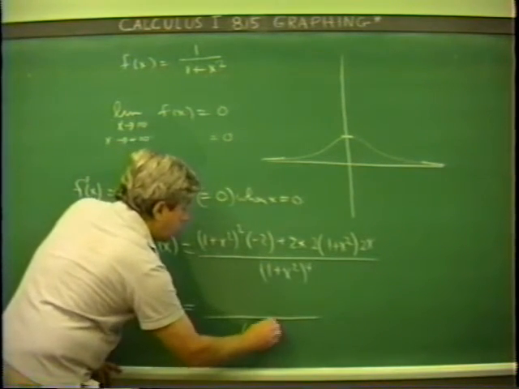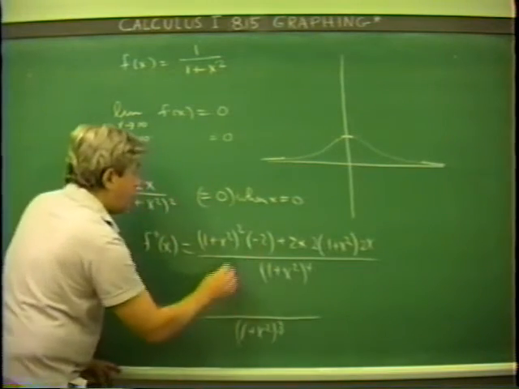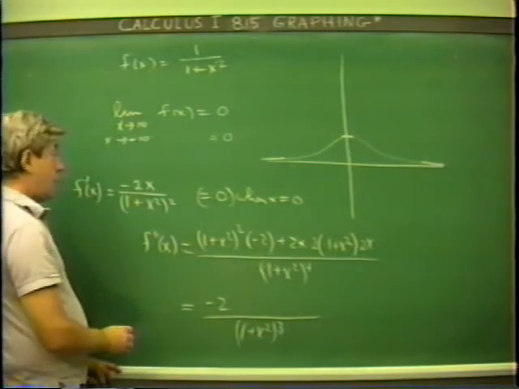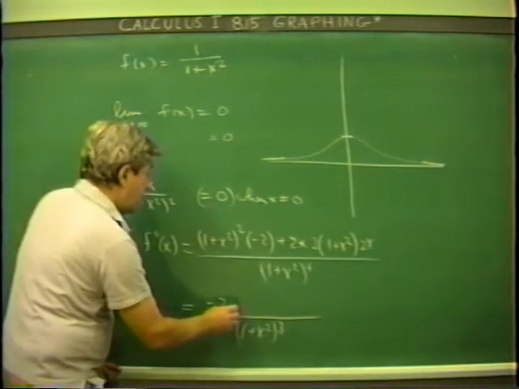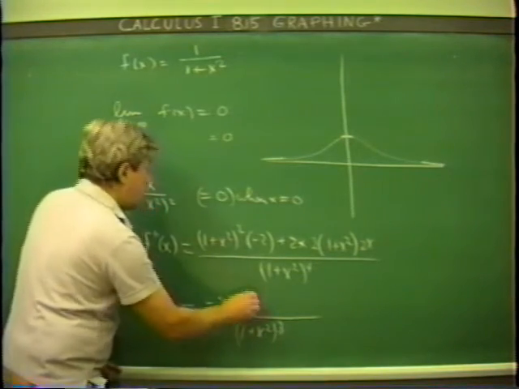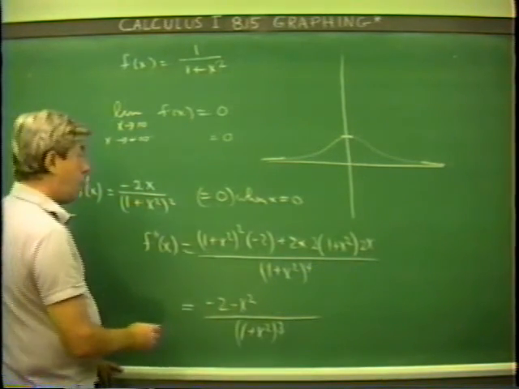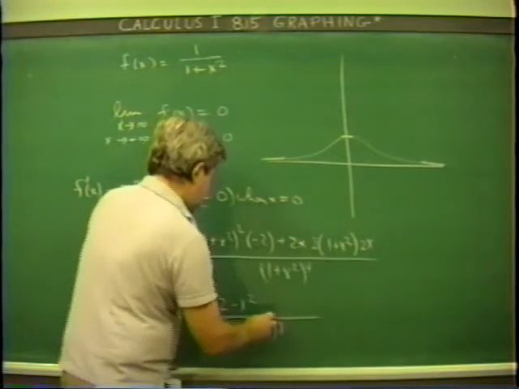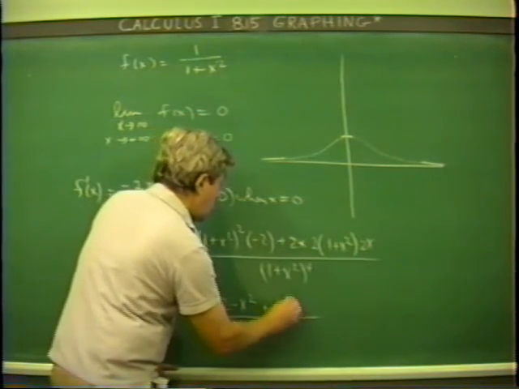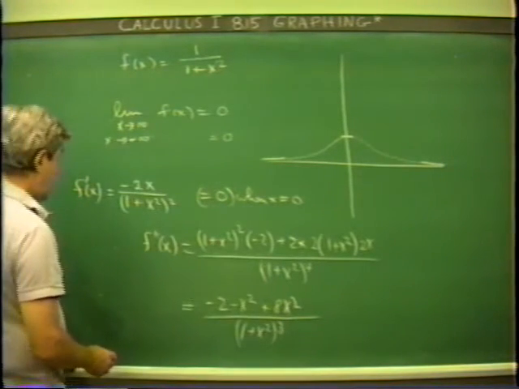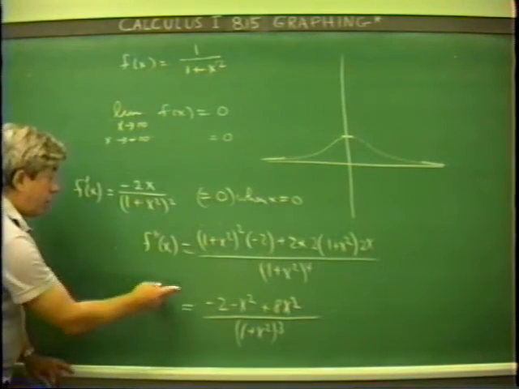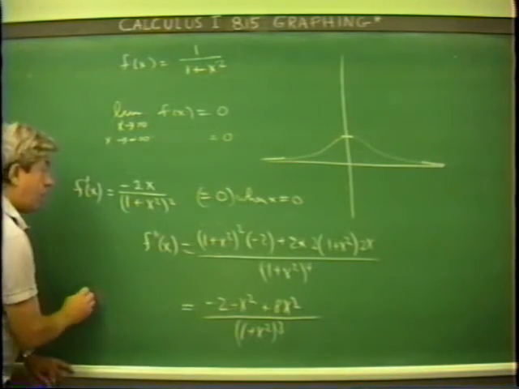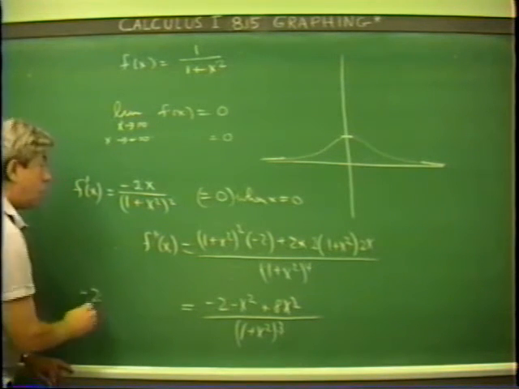Now we can cancel a 1 plus x squared with the 1 in the denominator here. Dividing 1 plus x squared out, we're going to get 1 plus x squared cubed down here, and we're going to get minus 2 times 1 plus x squared, so minus 2 minus x squared, and plus 8x squared.